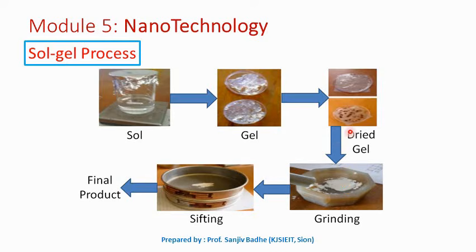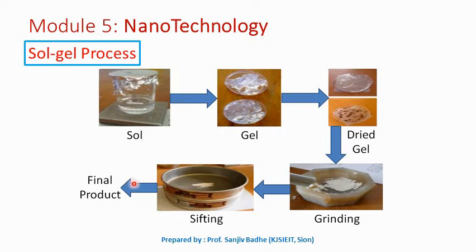For this, a thermal treatment is often necessary. This may further enhance the mechanical properties and the structure's stability. This dried gel is ground to get fine powder, and after that further processing is done by sifting, and then we get a final product.